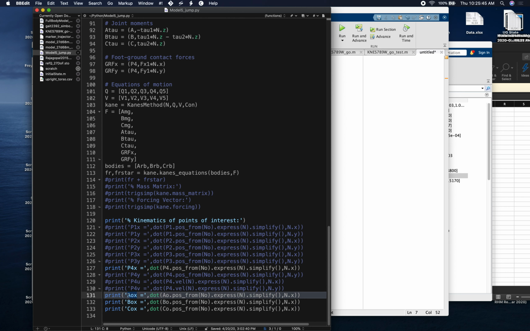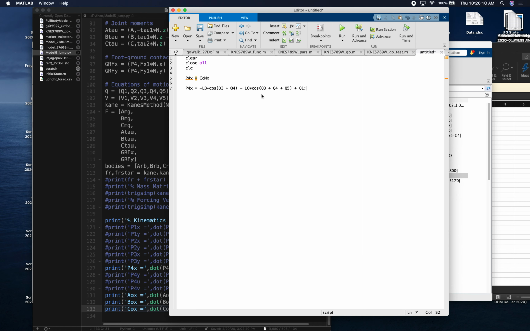For body A, which is the trunk, for body B, which is the thigh, and for body C, which is the shank. The format of the code is the same as all of these other points of interest that we were already outputting. It's just doing it for the centers of mass of those body segments rather than the joints and the endpoints. So if you're wondering where I got these expressions from, that's where they came from. I had PyDy export them.